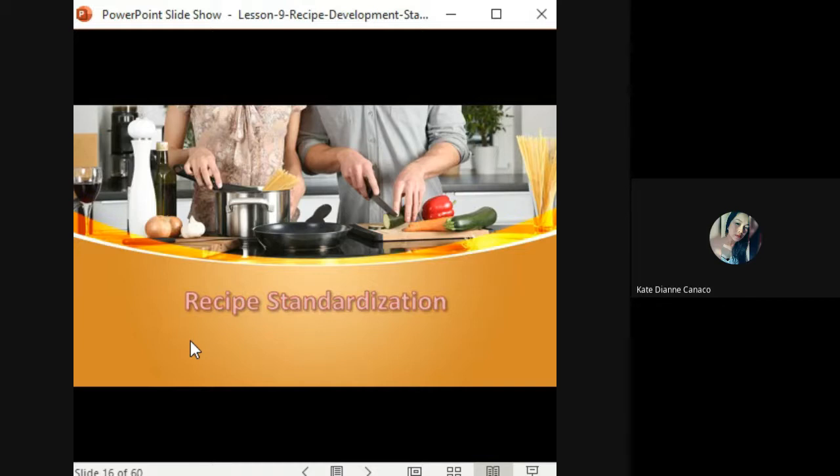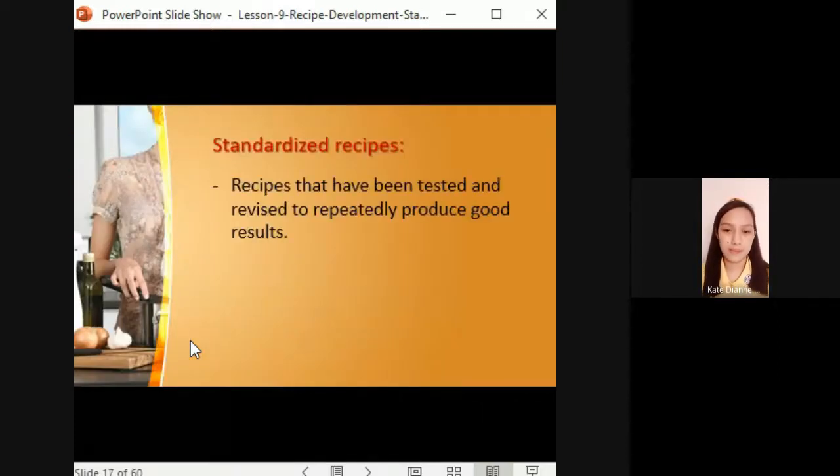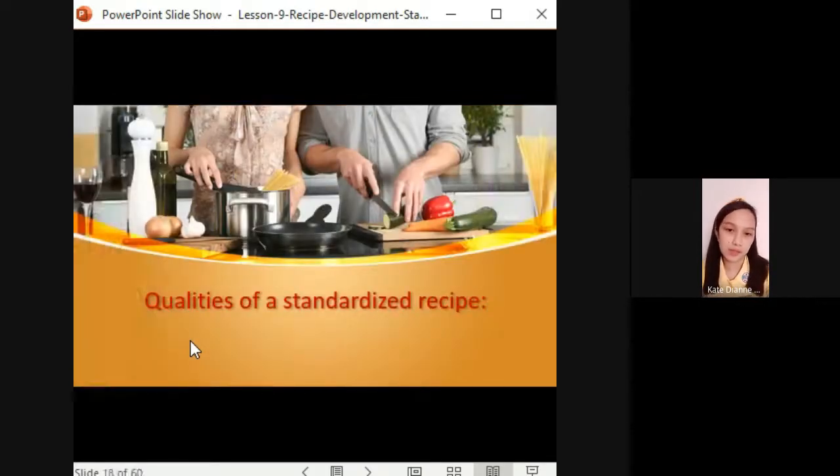None? Okay, next slide, sir. Okay, so standardized recipes are recipes that have been tested and revised to repeatedly produce good results. So this ensures that the production is consistent and successful.